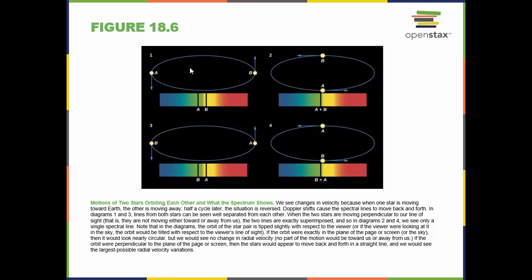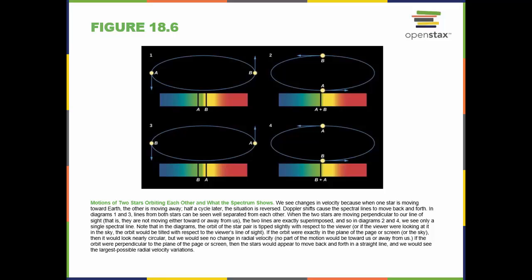So what we see is that when they were both in line with one another, we had one absorption line that was around green, and now A's absorption line is towards the blue end, and B's absorption line is towards the red end. So as time goes on, later we see that B is now approaching us and A is receding from us.